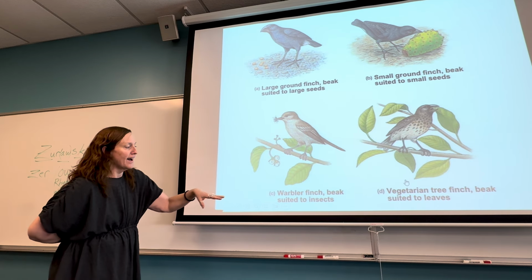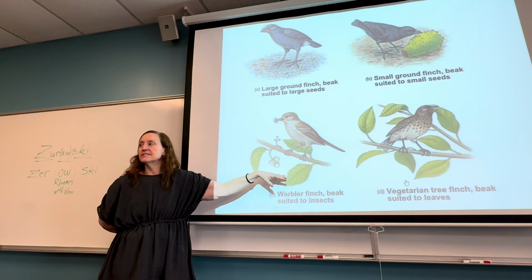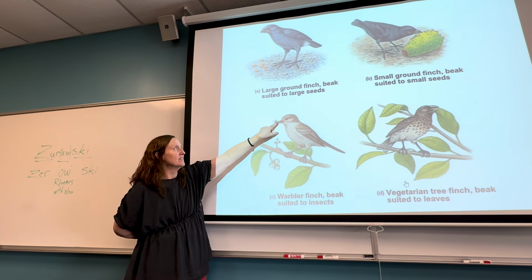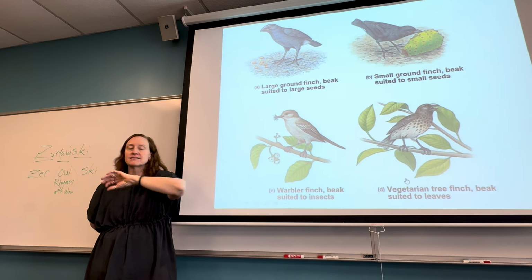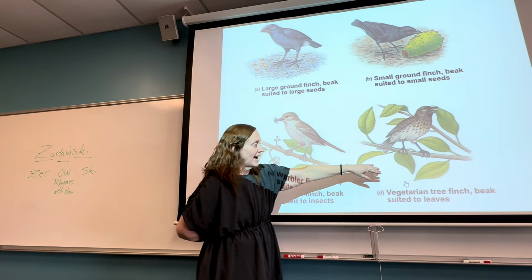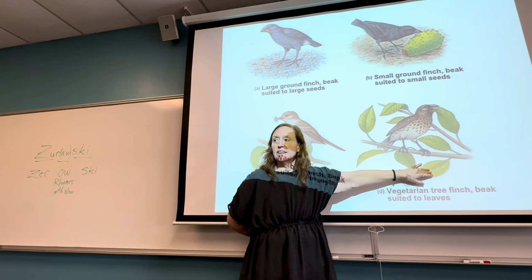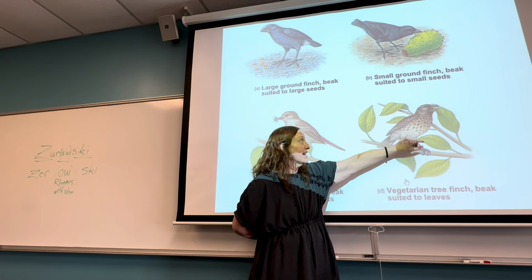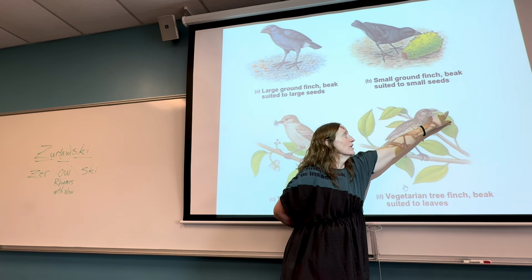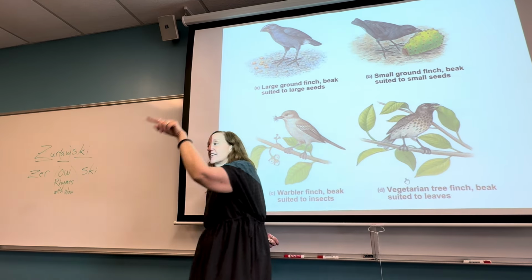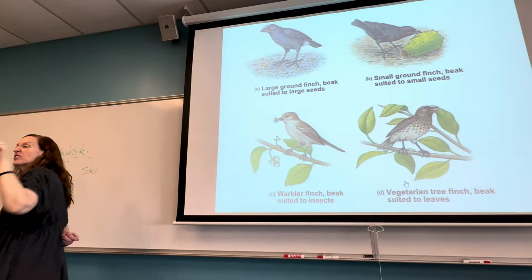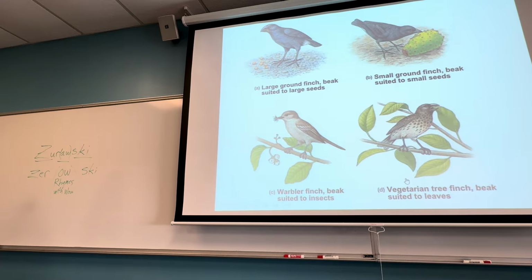And if on one island you had all kinds of insects, they had a long skinny beak for picking the insects up. And on an island with really thick-leaved plants, they had a serrated, kind of zigzag-shaped edge to their beak for tearing those thick leaves.